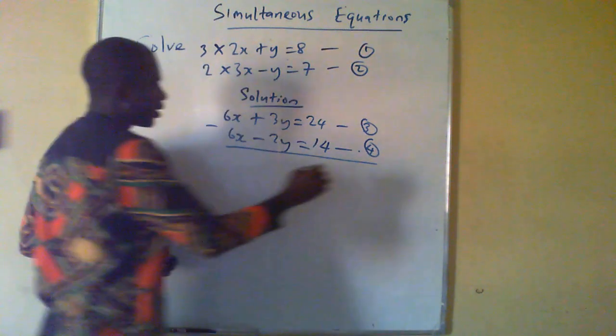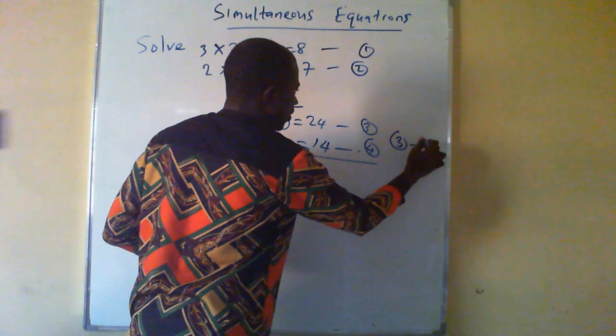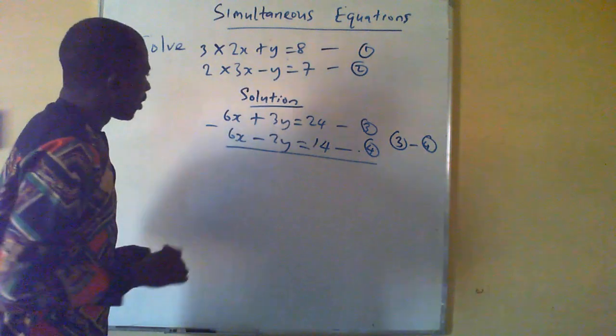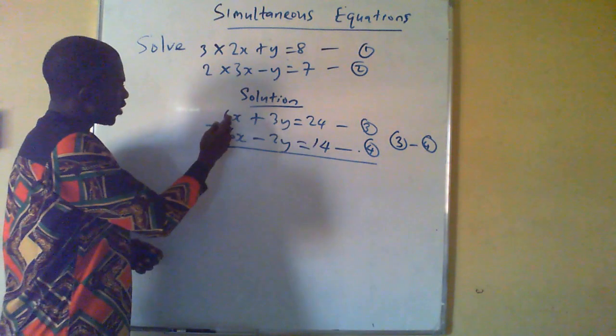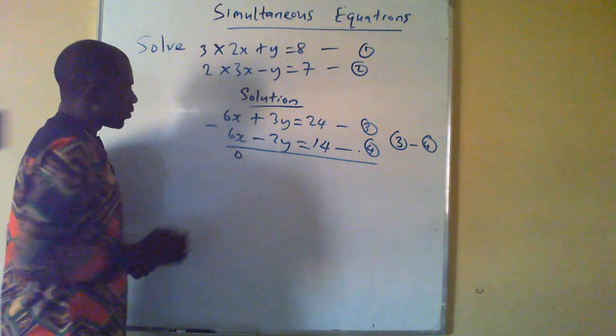So it's going to be equation 3 minus equation 4. For us to do that, 6x minus 6x is 0.